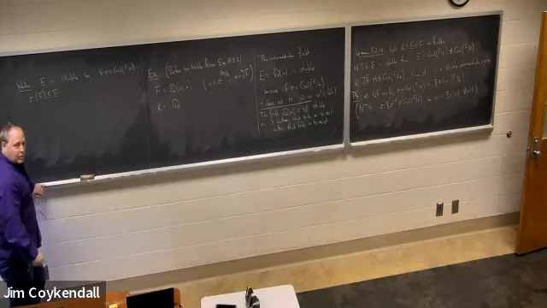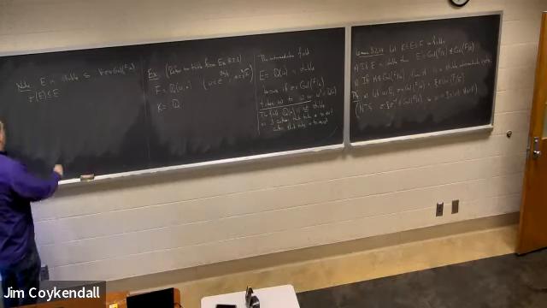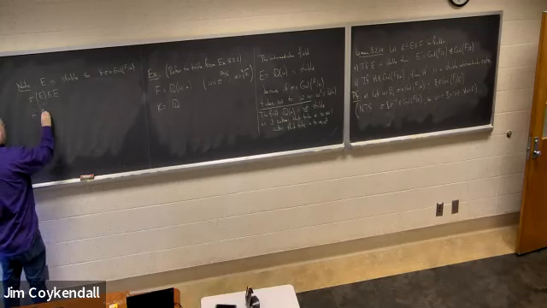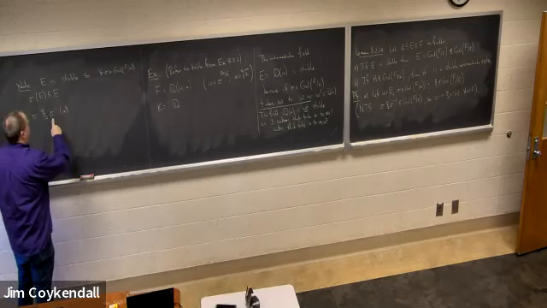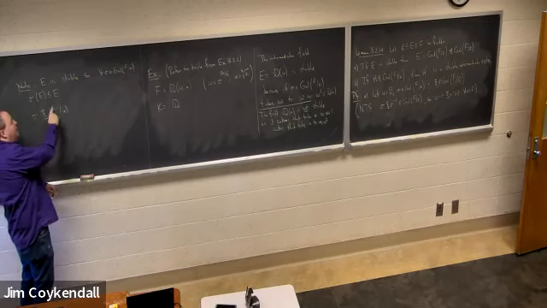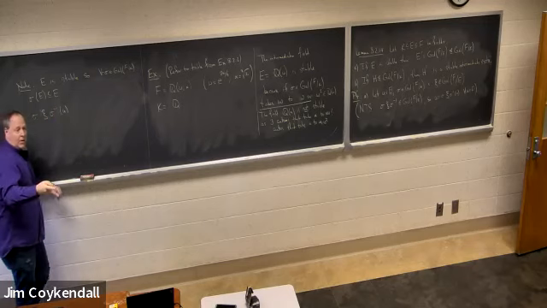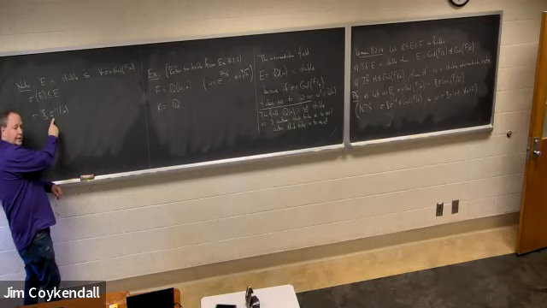That's what we've got going for us. Well, check it out. If you have sigma tau sigma inverse U, well, sigma is an element of the Galois group of F over K, so is sigma inverse.